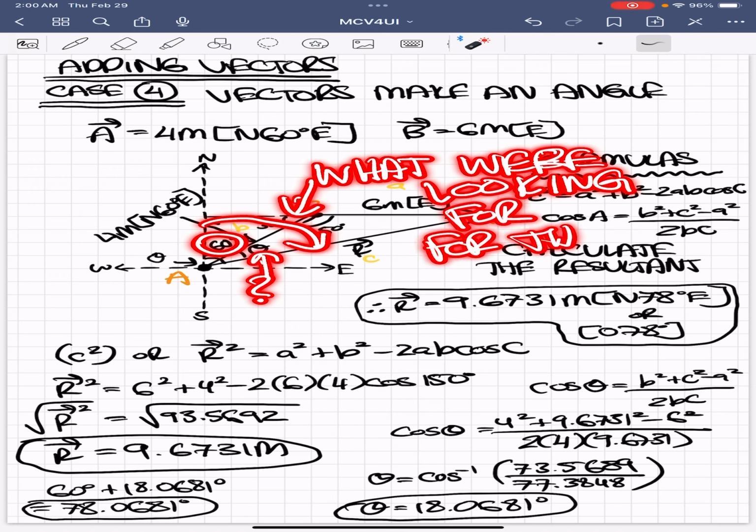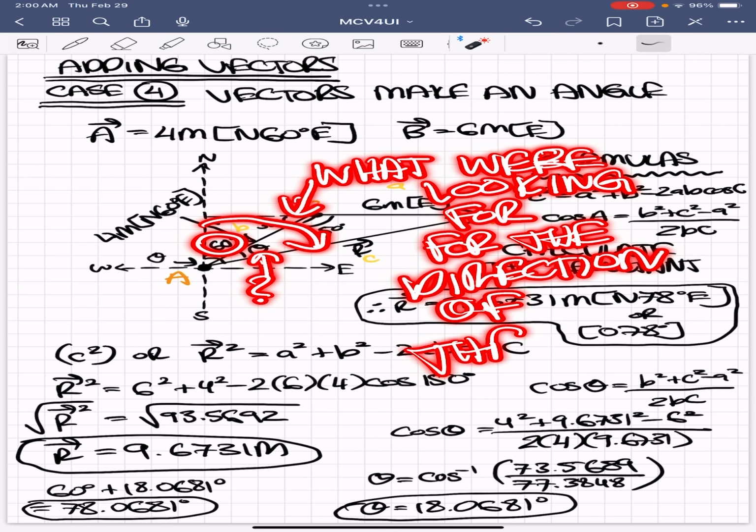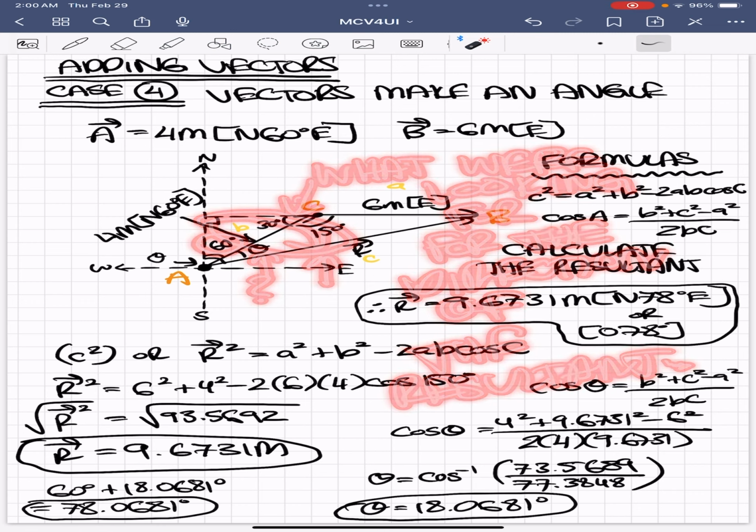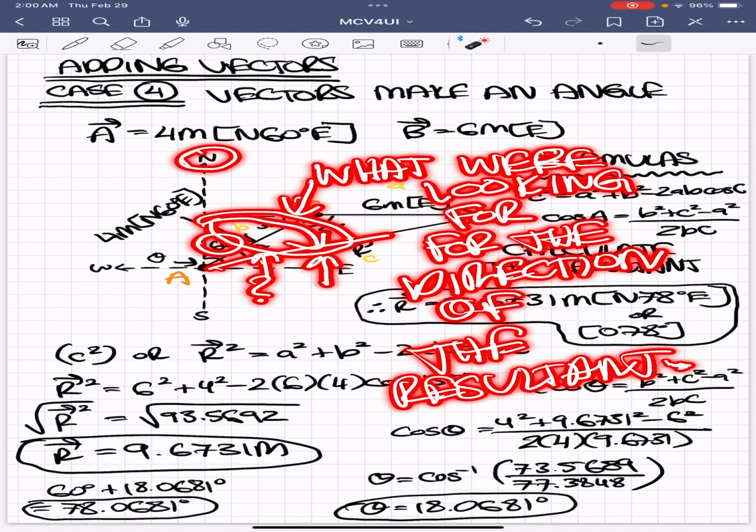For the direction of the resultant, what we're looking for is the entirety of that angle from the north line to the resultant line.